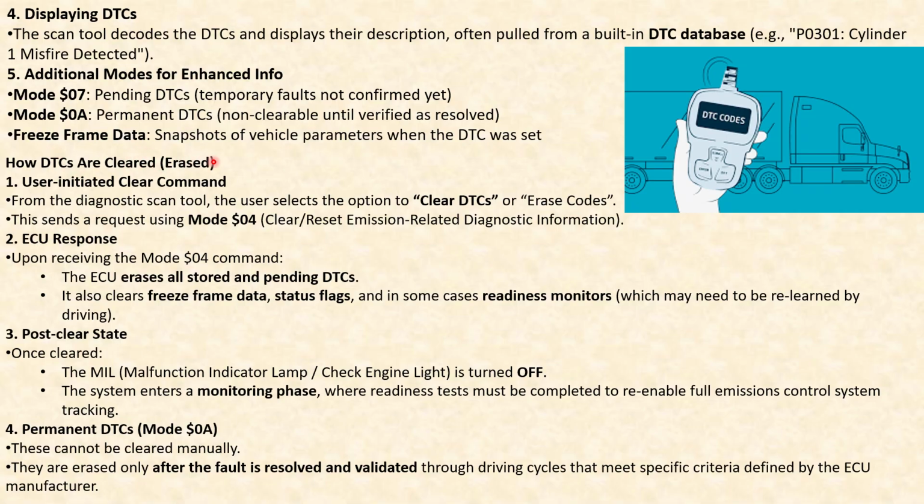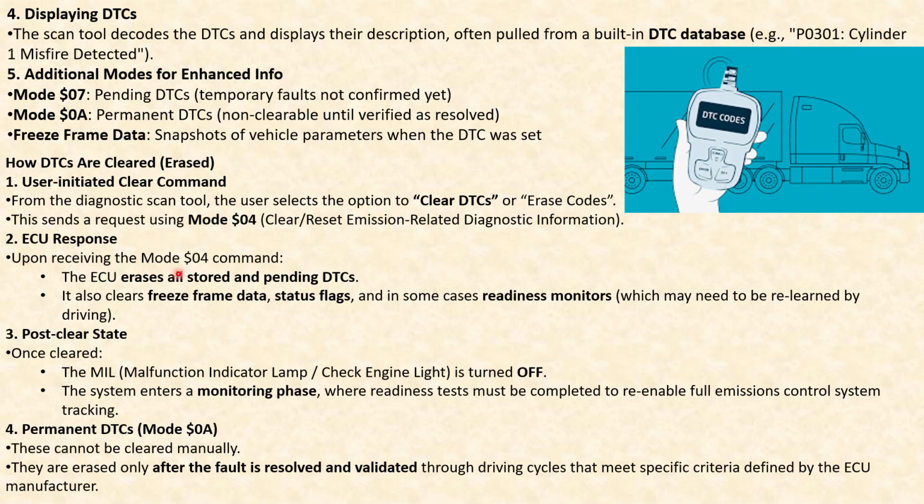Now, how are DTCs cleared? First, the user-initiated clear command. From the diagnostic scan tool, the user selects the option to clear DTCs or erase codes, and this sends a request using mode $04, which means clear or reset emission-related diagnostic information. Then the ECU responds.